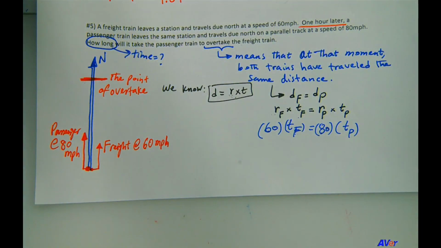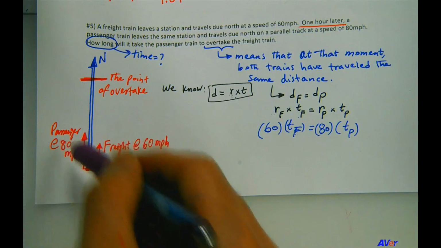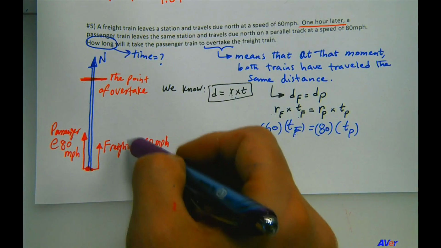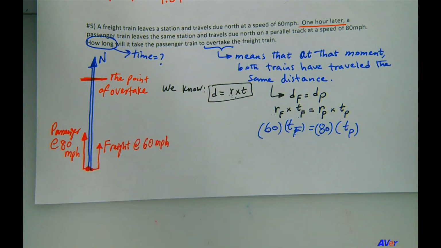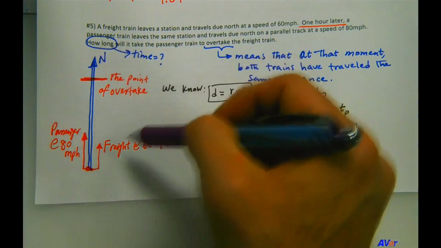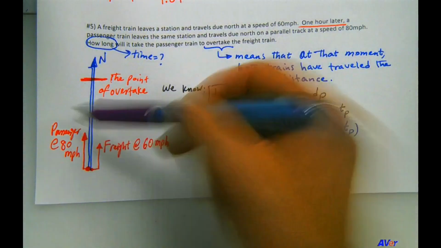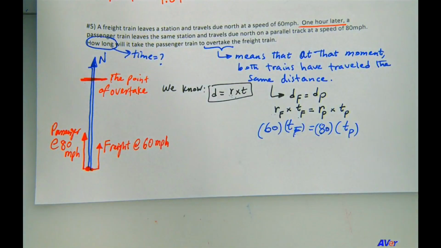8 hours, right? Because at the time the freight train took off, the passenger train was still waiting at the station, boarding passengers, right? So if the freight train has been in motion 9 hours, the passenger train must have been in motion for 8 hours at the time the overtake takes place.